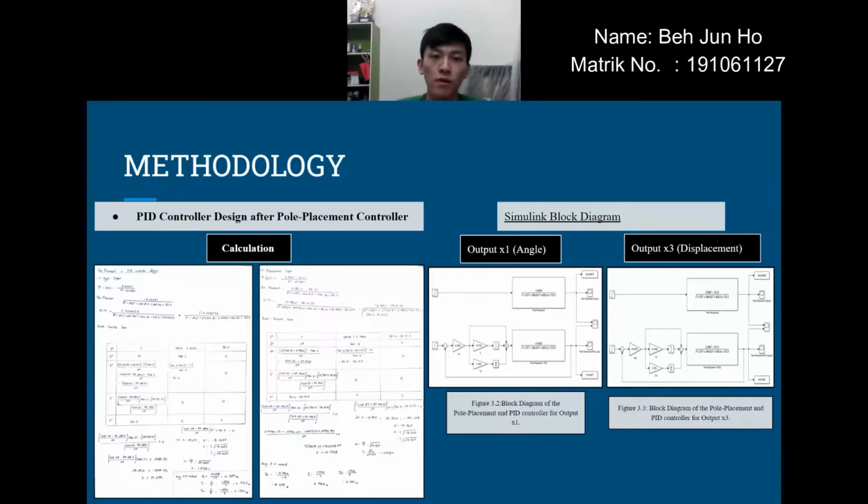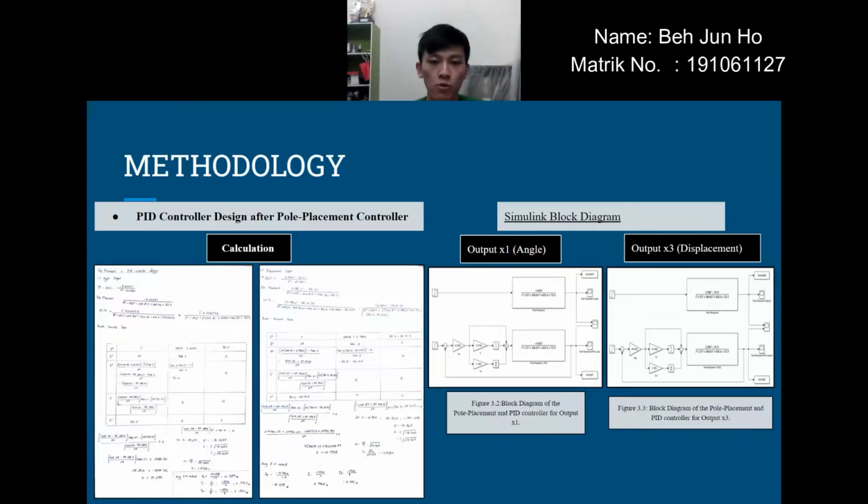By following the Routh-Hurwitz table, we can get the values of k and T. Both values will help us to generate the PID controller. So we use these two values and insert them into the Ziegler-Nichols method table.